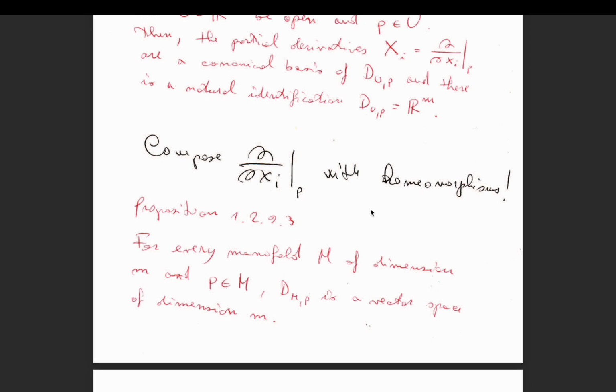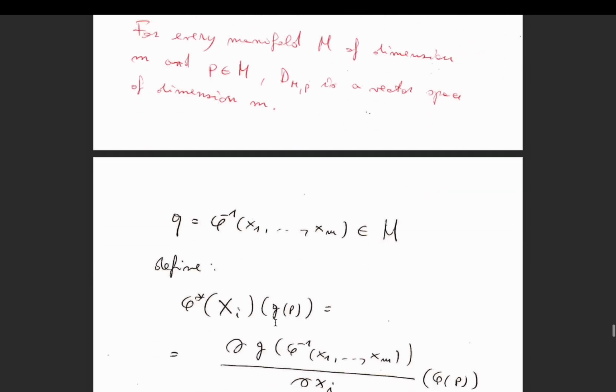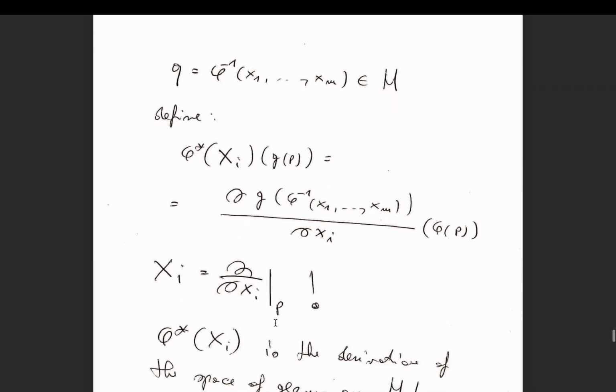One of the results we obtain is that the space of derivations at a given point P of a manifold M has dimension equal to the dimension of the manifold. The composition is easy to achieve because we can consider the partial derivative with respect to the variable x_i.